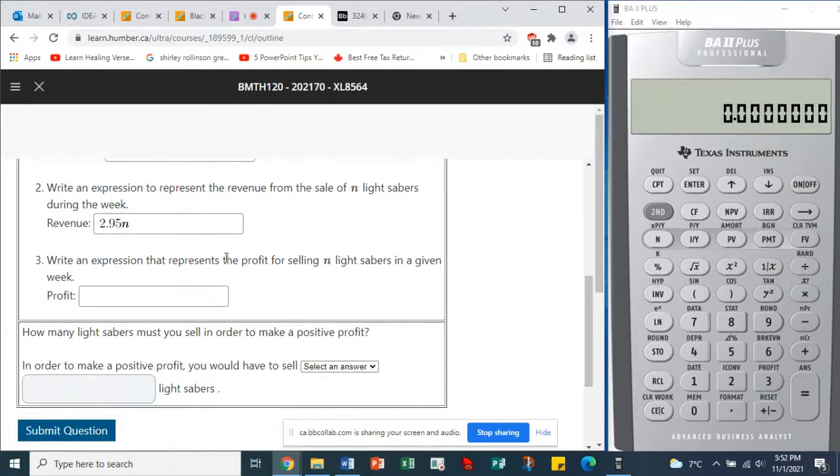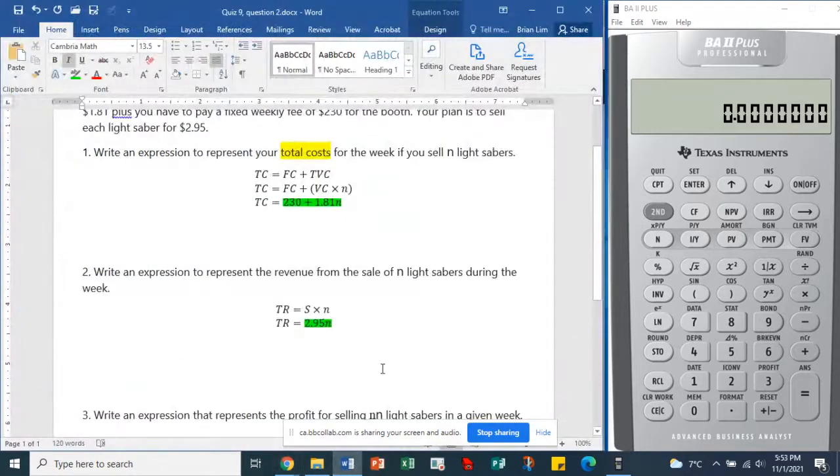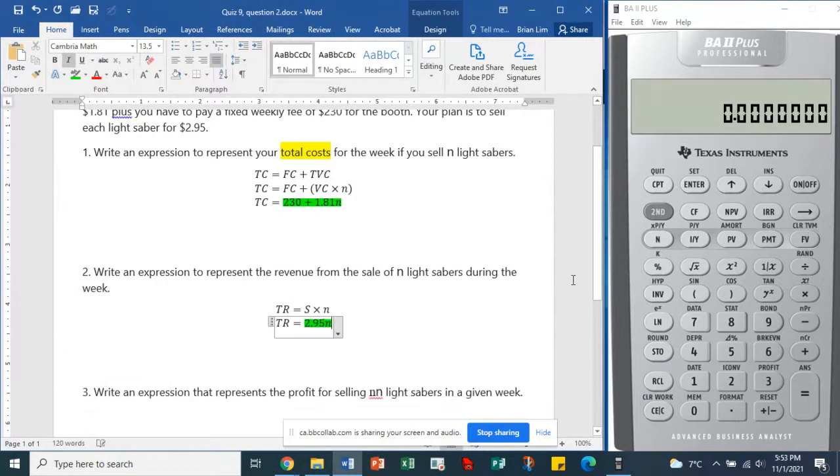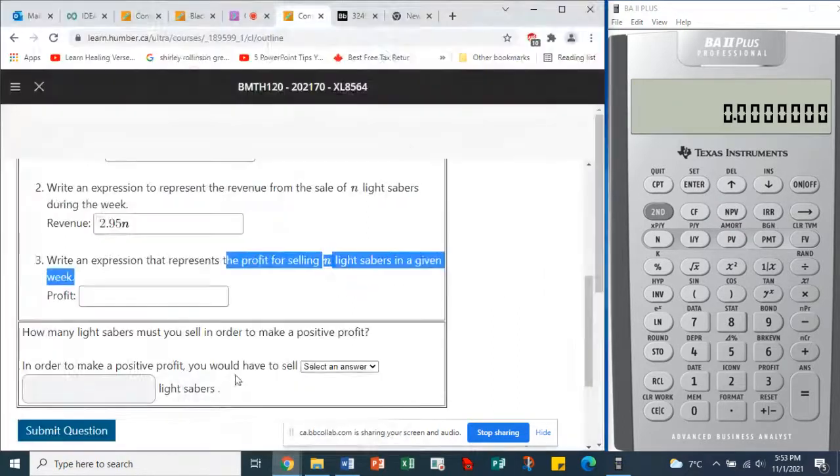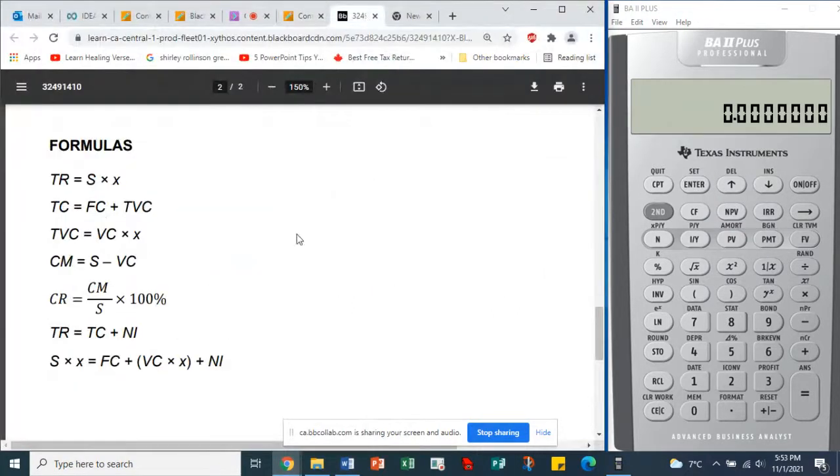All right, so let's go down here now. Write an expression that represents the profit for selling n lightsabers. So the profit, how do we get that? Well, we have to get an expression that has the profit in it. If you consult your equation sheet, which is right here, this is the one with the net income.